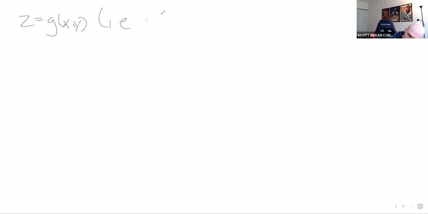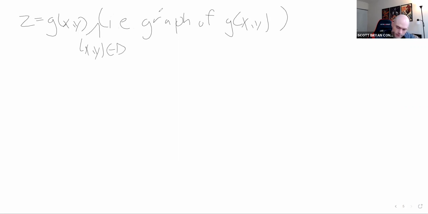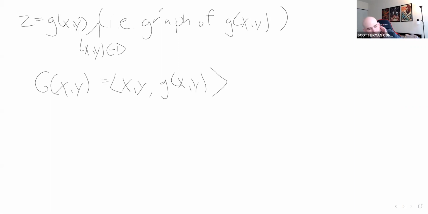So the graph of little g of x, y. And let me specify, we're told x and y live in D. So the way we parameterize that, as we saw, is we let x be x, y be y, and z is that function of x and y.